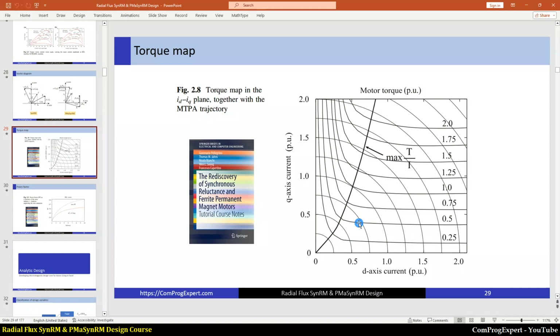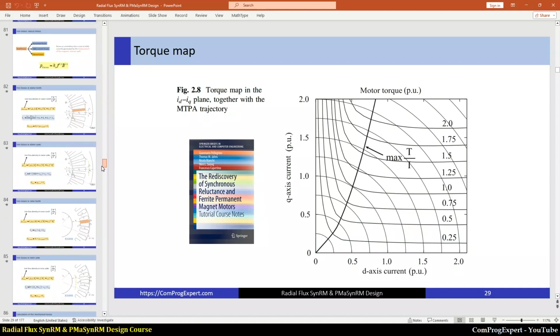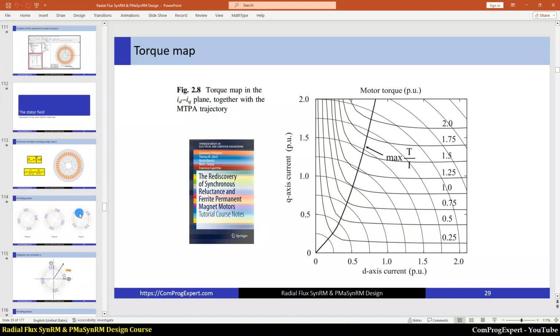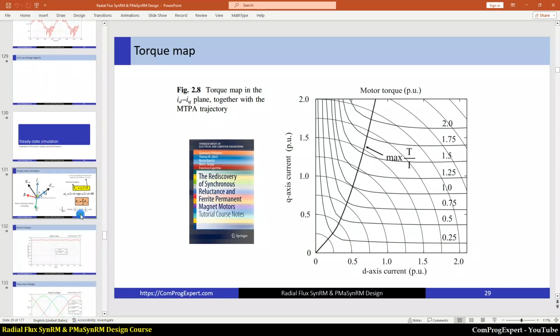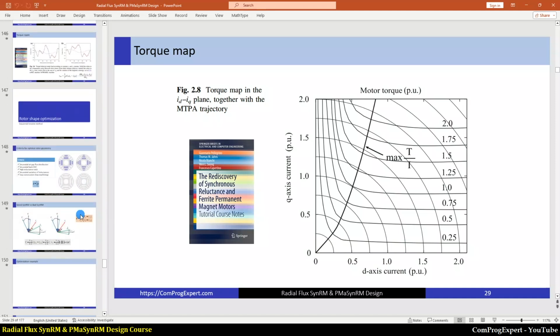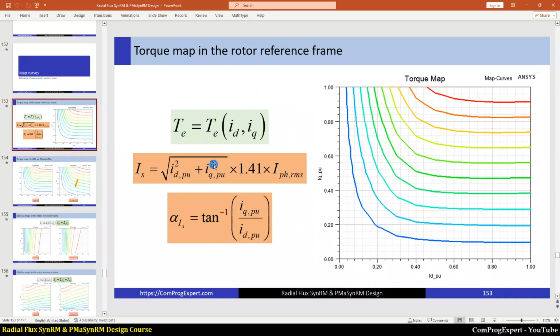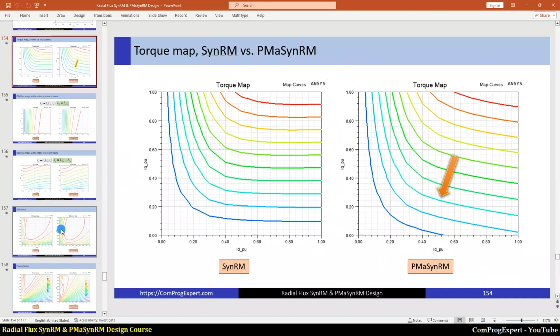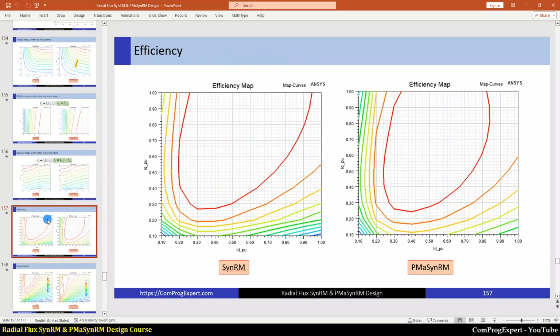We will calculate the torque map for the design later using finite element analysis, and after calculation of the torque map, we can calculate the efficiency map and so on.